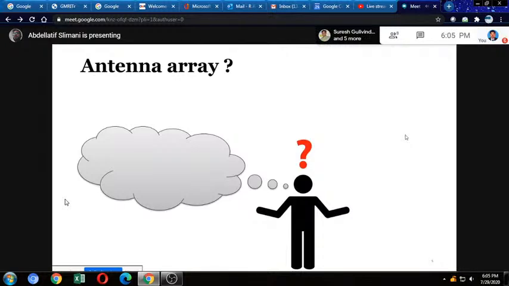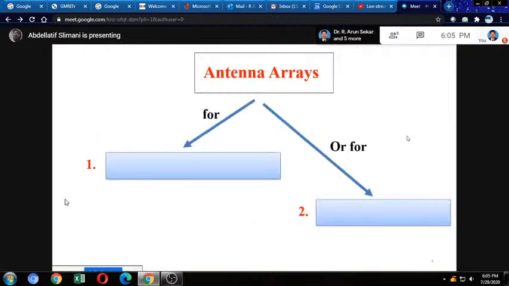Okay, so the question that we can ask: why do we use array antennas instead of a single antenna? We have two cases. The first case, high radiation performance. If I talk about high radiation performance, I talk about gain and directivity of our array antenna.